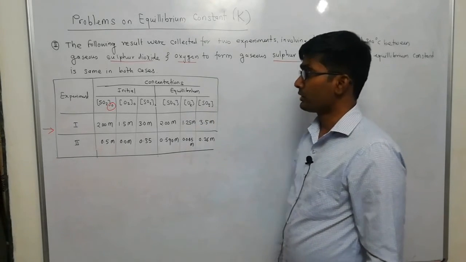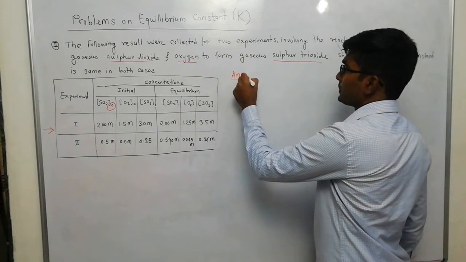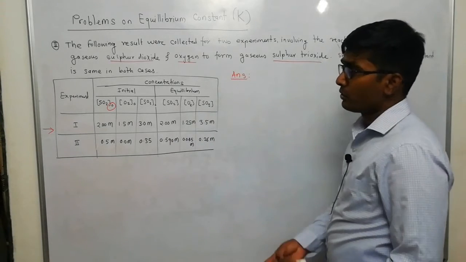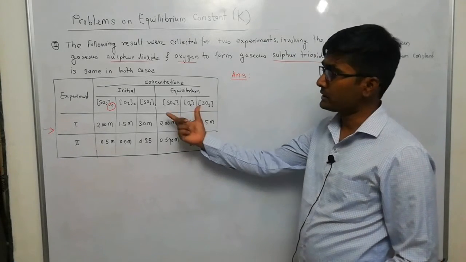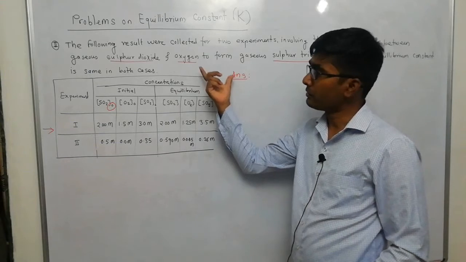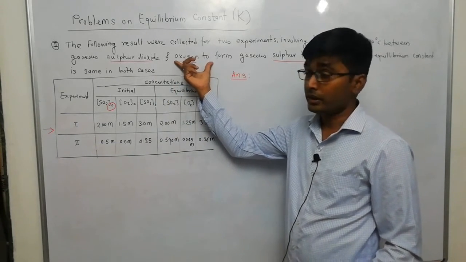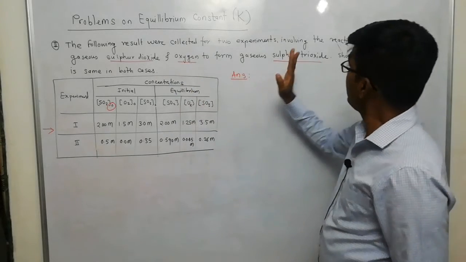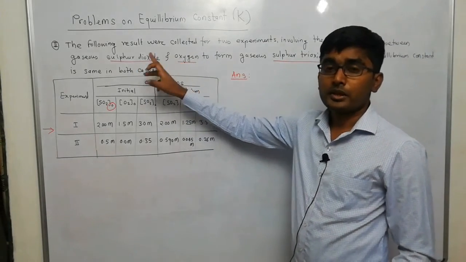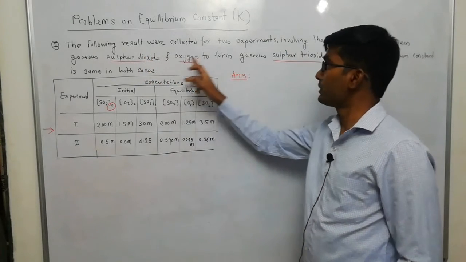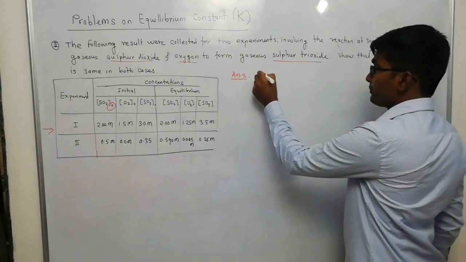Now let us solve the first problem. So, answer: when you encounter such a problem, always write down the chemical reaction. Here the reaction is between sulfur dioxide and oxygen. Sulfur dioxide and oxygen react together and form sulfur trioxide. So let us write down the reaction.